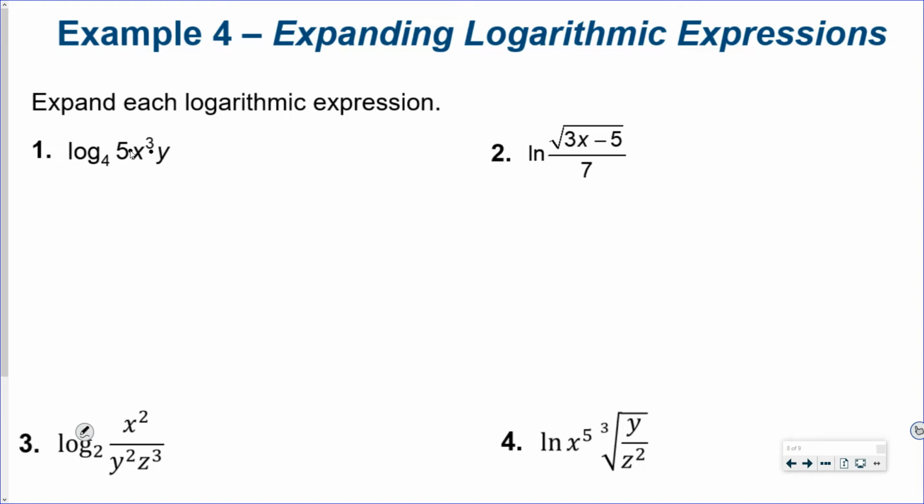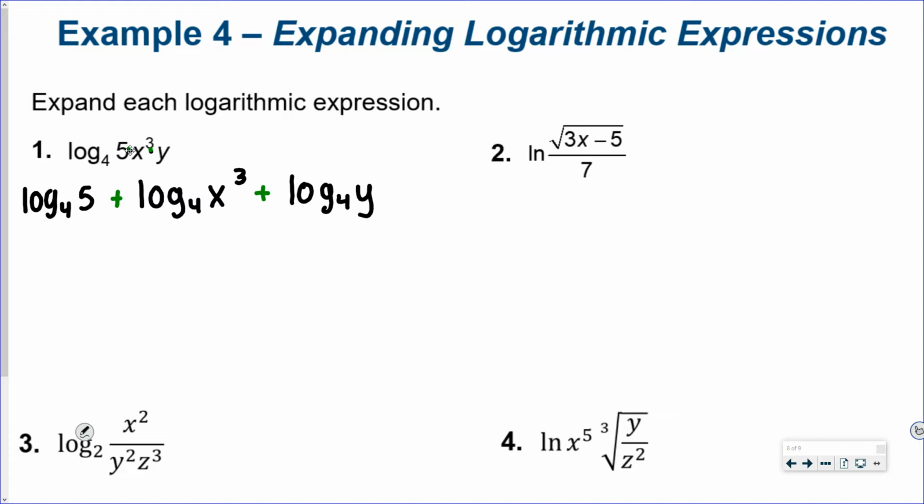So I can expand this using my product property that each factor gets its own separate log, in this case log base 4, and since I have a product, what operation would I do in between these logs? Add, yep.